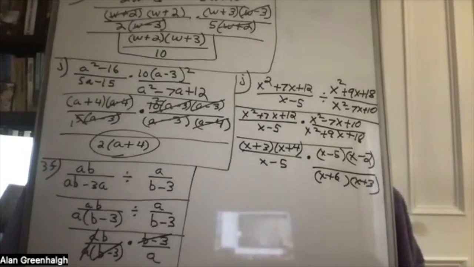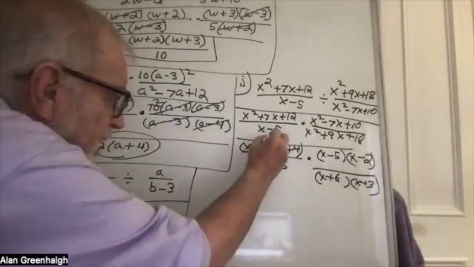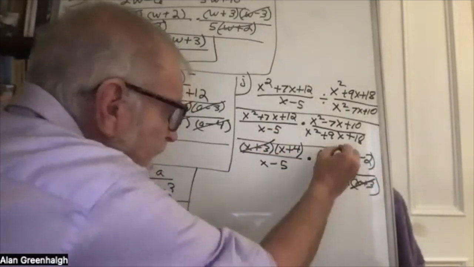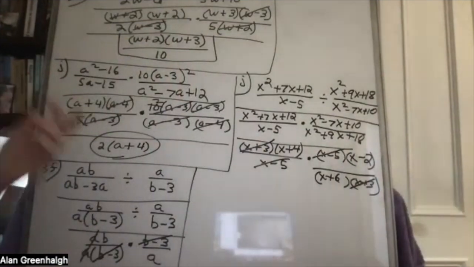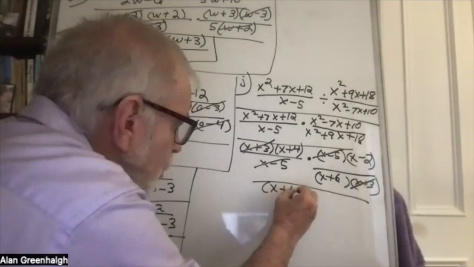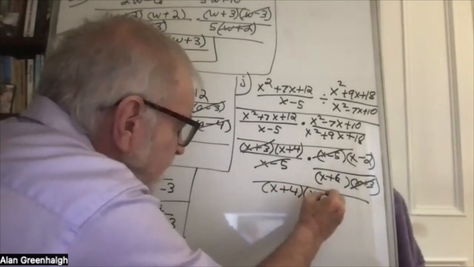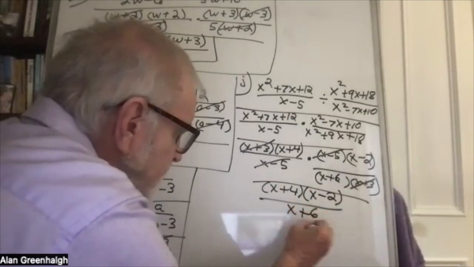All right, let's see what we could do here. Well, you could cancel out this and this, this and this. That's about it. So you're left with x plus 4 times x minus 2 divided by x plus 6.